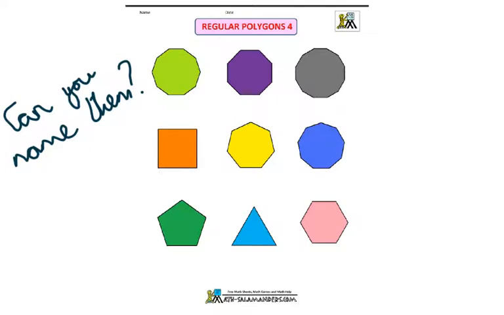See how many you know. So have a second, see if you can name any of those shapes. Okay, if you are still going, just pause the video now and I'll carry on, but you can pause the video and keep naming.